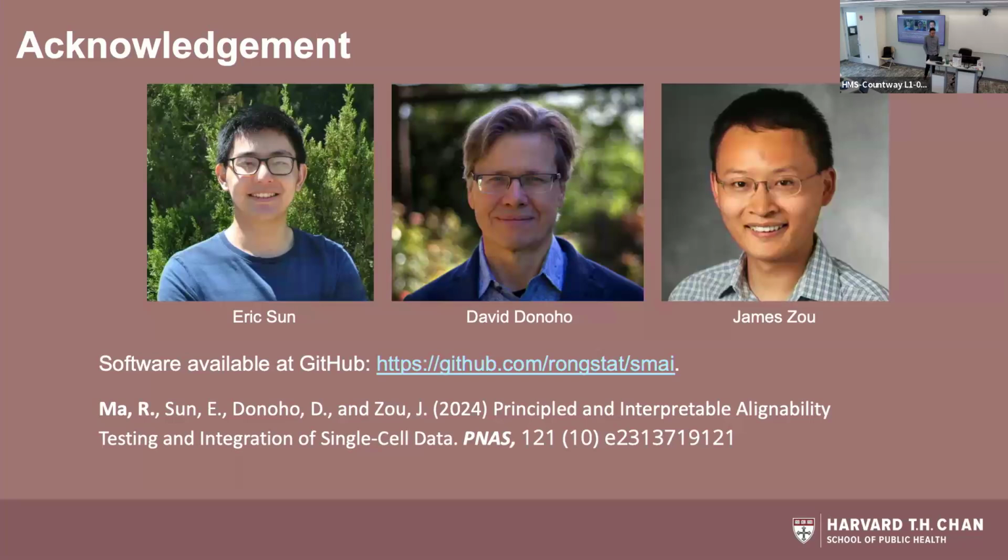And back to the previous question about extension of the current framework to multiple data sets. For the test, it's a little bit hard for now. But for alignability, since we use Procrustes analysis, there is a natural generalization called generalized Procrustes analysis existing in the literature. So that is one possibility to extend the current framework.